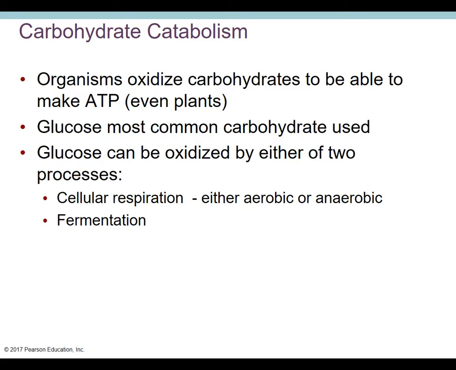And the other process is called fermentation. But all of these things are versions of glucose oxidation, and the main point is to get the energy out of the glucose and put it into ATP, which is the type of energy the cell prefers, and also GTP.